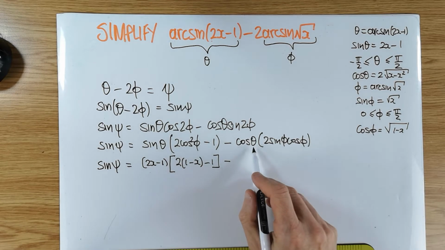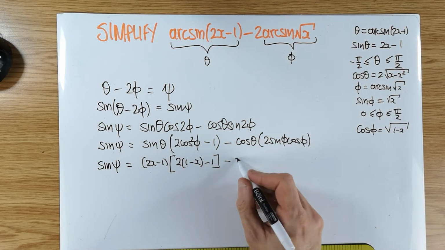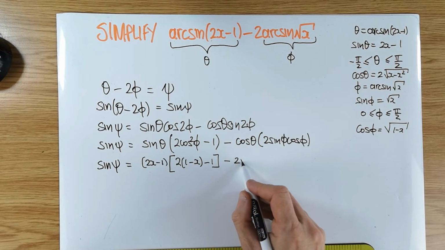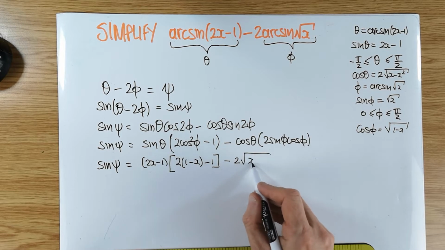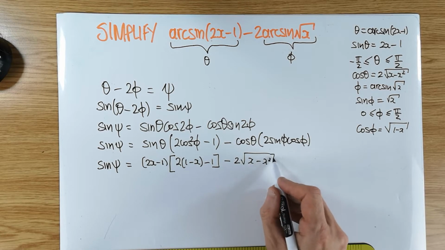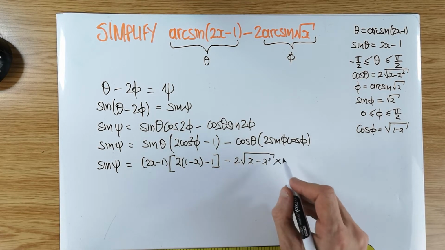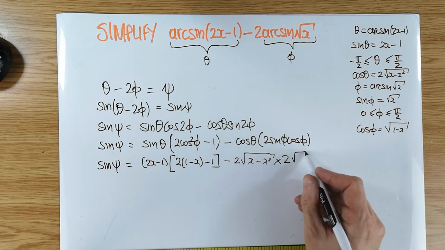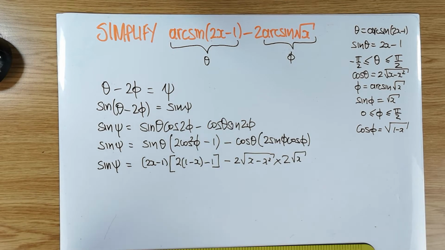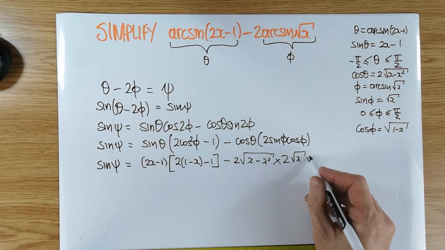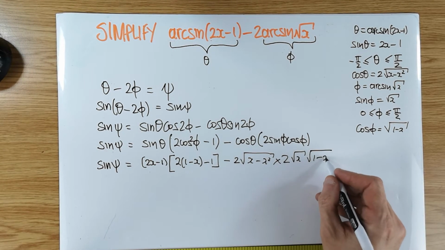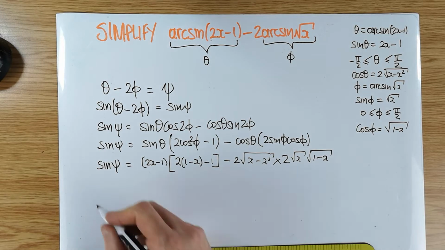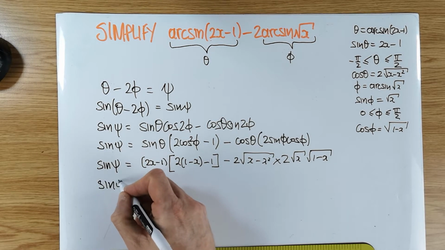Minus cos theta. Cos theta is a mess, it's 2 and then a square root of x minus x squared. Times another 2 from there. Sine of phi is the square root of x, and cos of phi is another square root. My God. All right, let's simplify that. Cross our fingers and hope for the best.